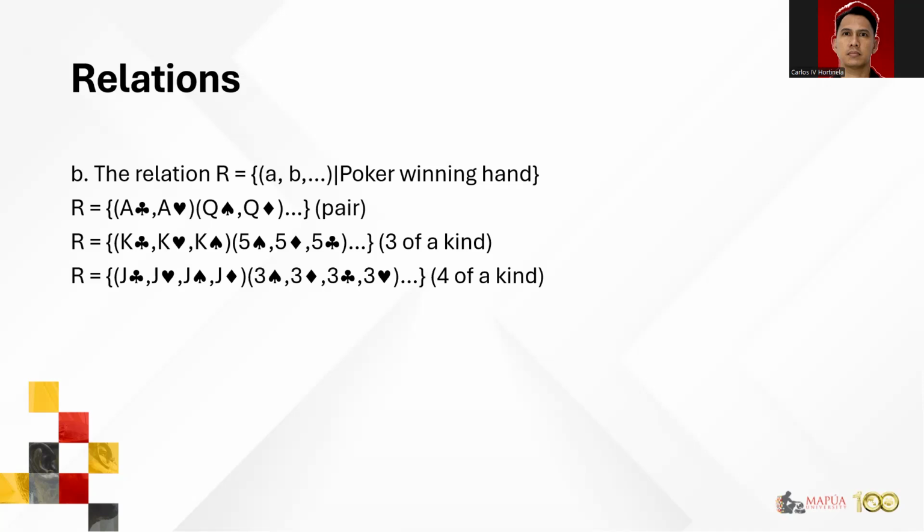Another winning hand form on poker comprises this time of four cards, which is called four of a kind. So when you have four of a kind, this implies you have four cards of the same value: four jacks, four threes, four tens, four kings. Okay.